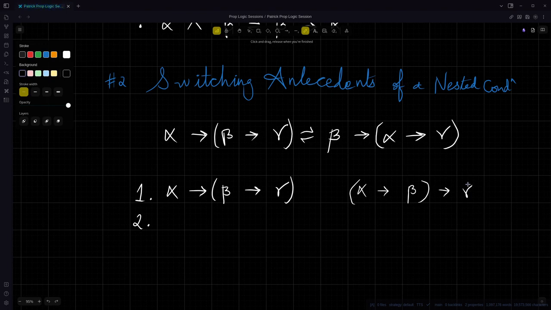Hmm. What do you think? To me, it looks pretty similar, but I'll need to check. That's why I did it, because it just seemed logical that it would be like this, and I didn't see that there was a conjunction.